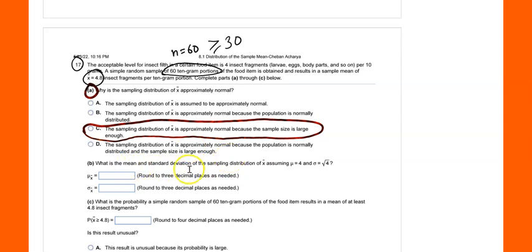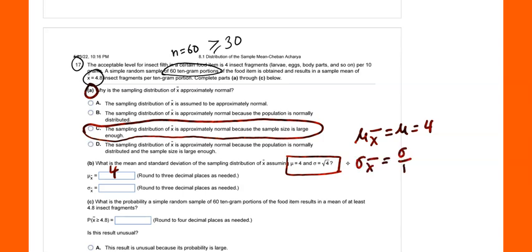Okay, part B. What is the mean and the standard deviation of the sampling distribution? Assuming mu equals 4, sigma equals square root of 4. Notice that these are the values for the mean and the standard deviation of the population. Now what is mu x bar? Remember that mu x bar is the same as mu, which is 4. Sigma x bar equals sigma over square root of n.